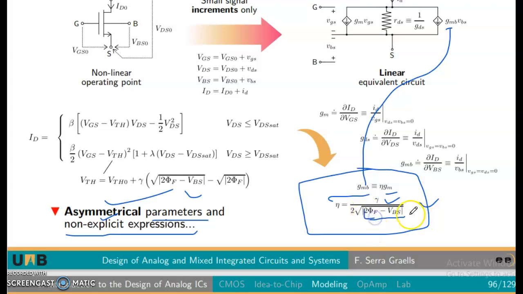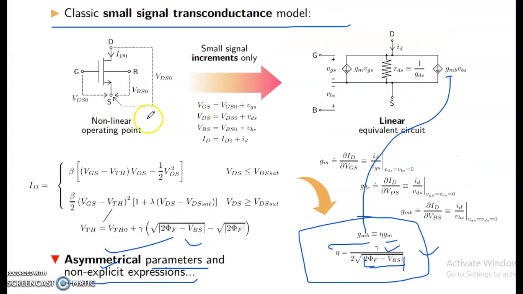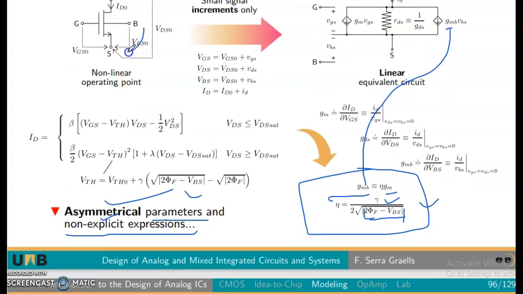We have to take the mod, because the VBS value is deducted from 2 phi f and we need a positive value only.